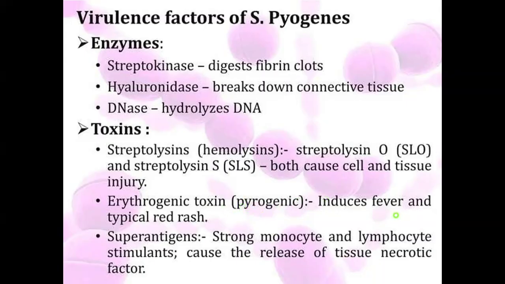Fever is also known as pyrexia, so pyrogenic means causing fever. We usually call it scarlet fever. Then the superantigen, a strong monocyte and lymphocyte stimulant, causes the release of tumor necrosis factor. Those are the toxins produced.